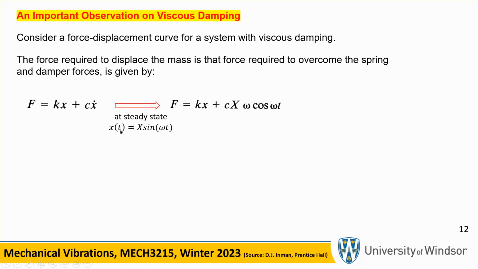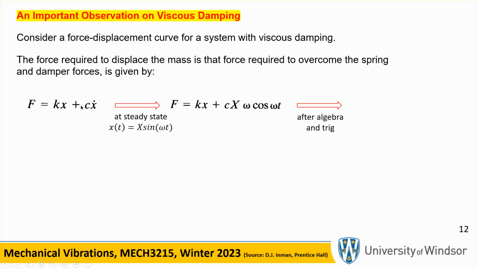So if you take this x and stick it in there, obviously you're going to get kx plus cx dot. This is x, the steady state solution; x dot, you just work it out, you get this.